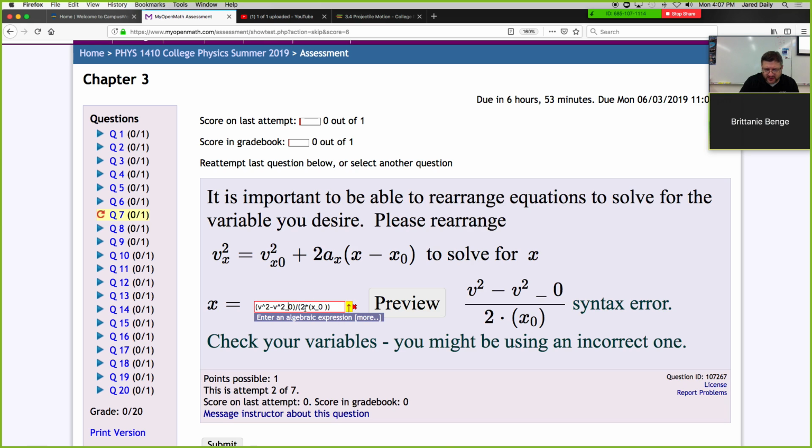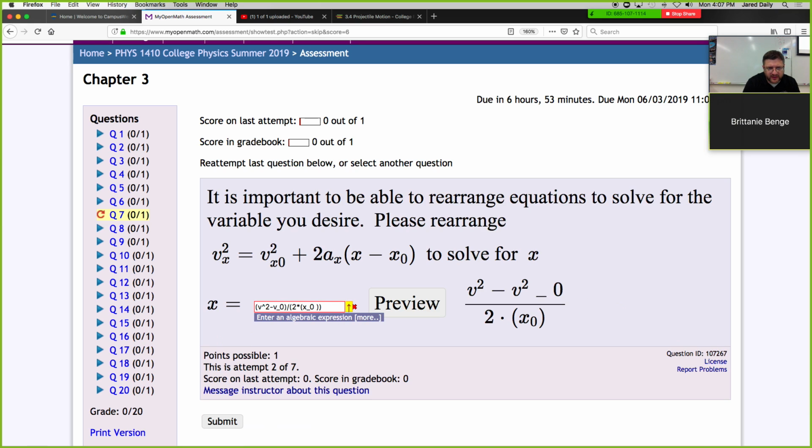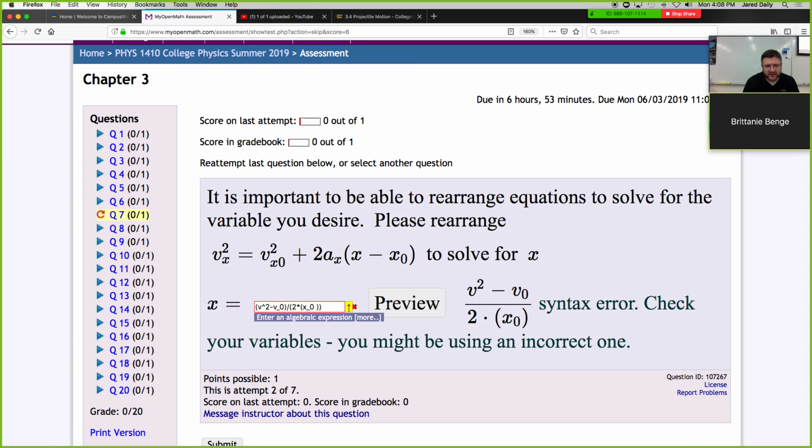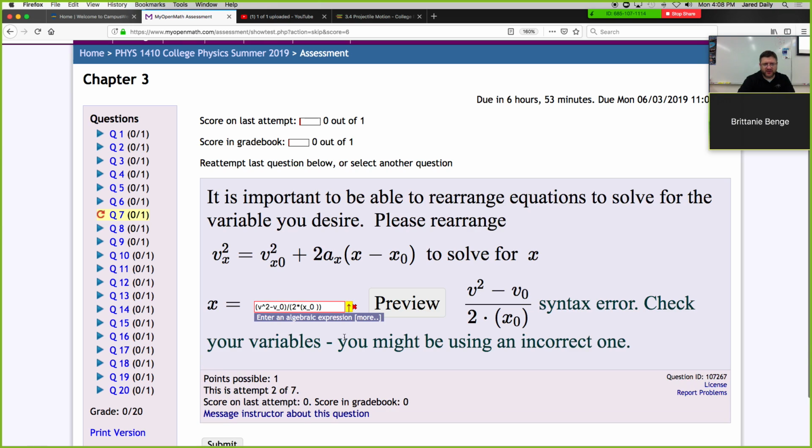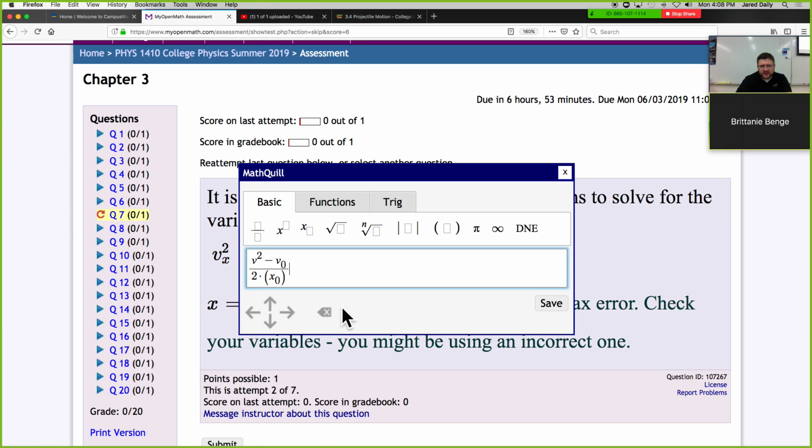Let's try to fix this. Okay, so yeah, maybe. Well, it shouldn't be a problem at all. V minus V naught, 2 over x naught, 2 times x naught.